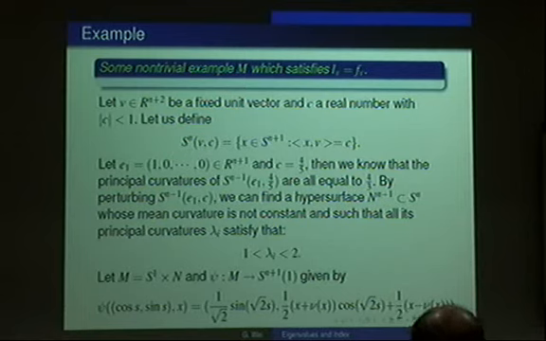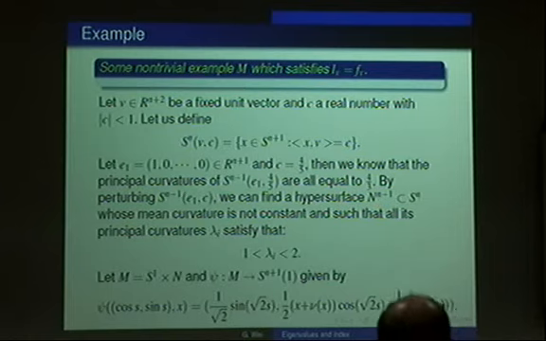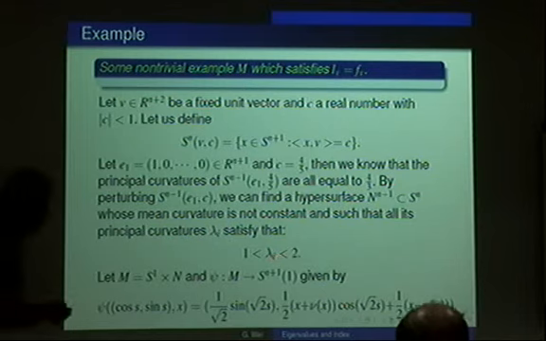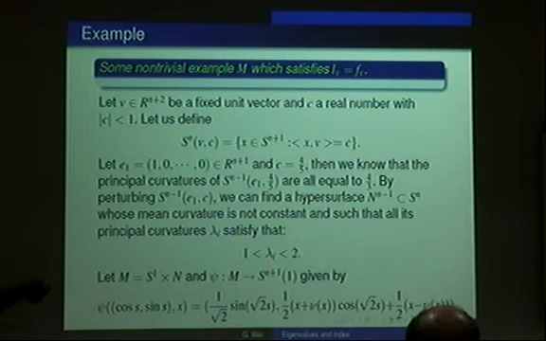By producing this sphere, we can find a hypersurface N whose mean curvature isn't constant, and such that all the principal curvatures lambda i are greater than 1 and less than 2. Since 4 over 3 satisfies this inequality, let M equal this one.